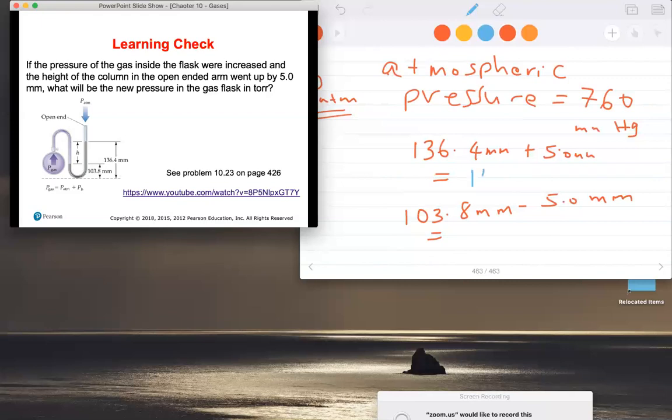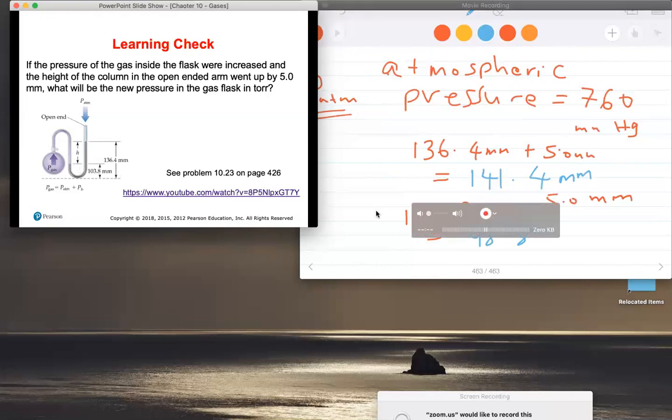So this is 141.4 millimeters, and 103.8 minus 5 is 98.8. So to get the height here, my new value on the low end will be 98.8.